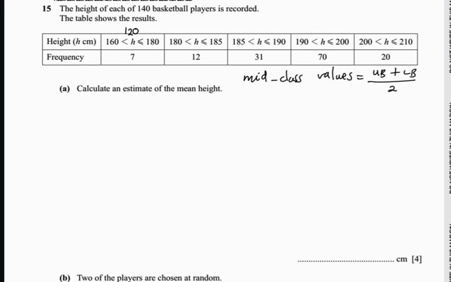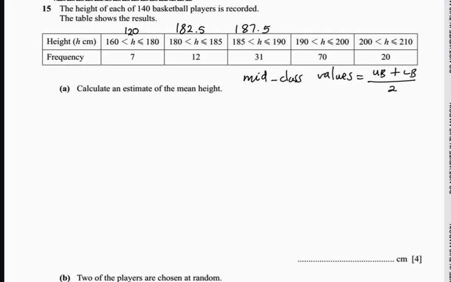The next one, 180 plus 185, then divided by 2, we're getting 182.5. The next one, 185 plus 190, divided by 2, should be 187.5. Sorry, I don't know why I put a comma there. It's 187.5.